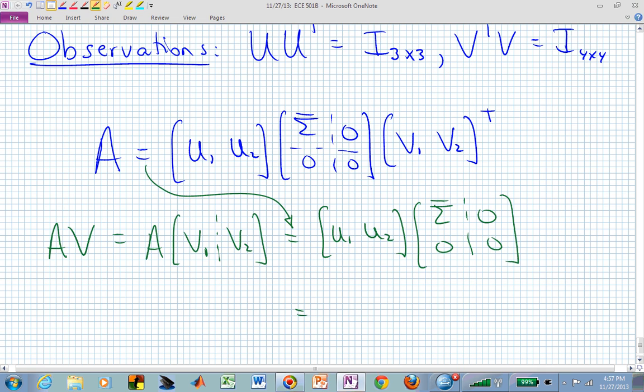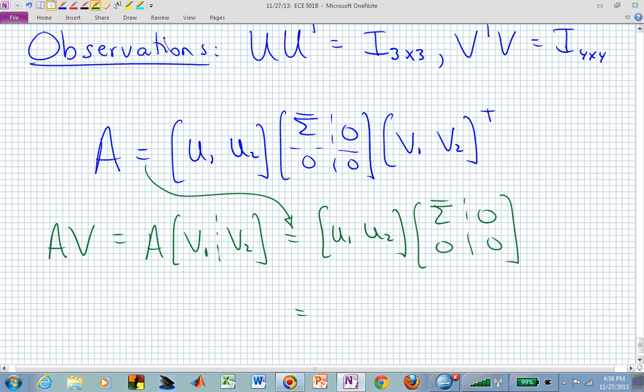But U1 and U2 are partitioned compatibly with that sigma matrix, meaning sigma bar is 2 by 2 and U1 is 3 by 2. So if I now do this block matrix multiplication, I have U1 times sigma bar plus U2 times 0. In this rightmost column, I have U1 times 0 plus U2 times 0. So that whole right-hand column is going to be 0.